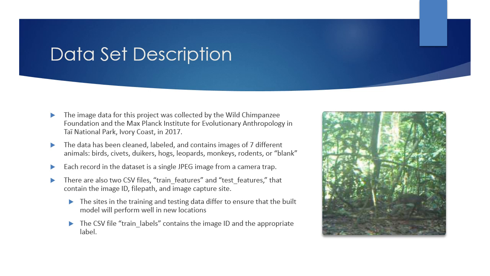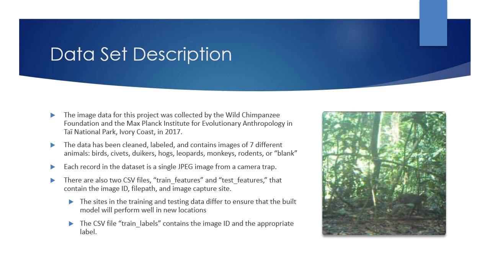Each record in the dataset is a JPEG file from the camera trap, and there are also 2 CSV files, train and test features, and these CSV files contain the image ID, the file path, and the image capture site. The sites in the training and test data are actually different, and this is to ensure that the model built will perform well in new locations so that it will actually be a usable model.